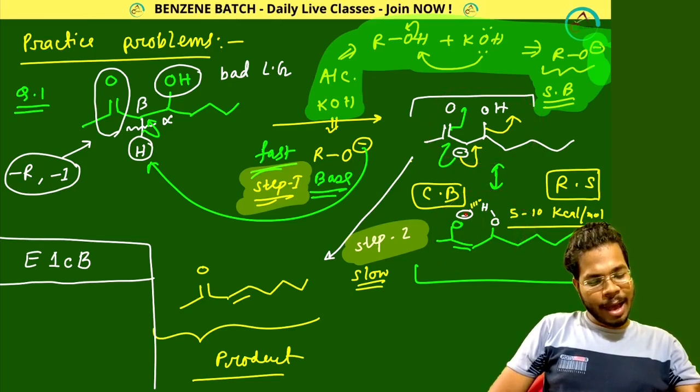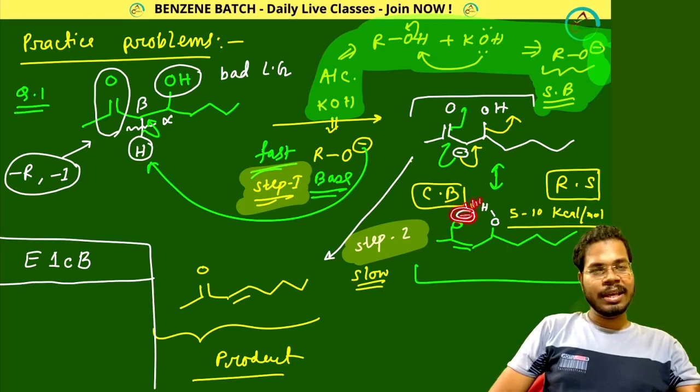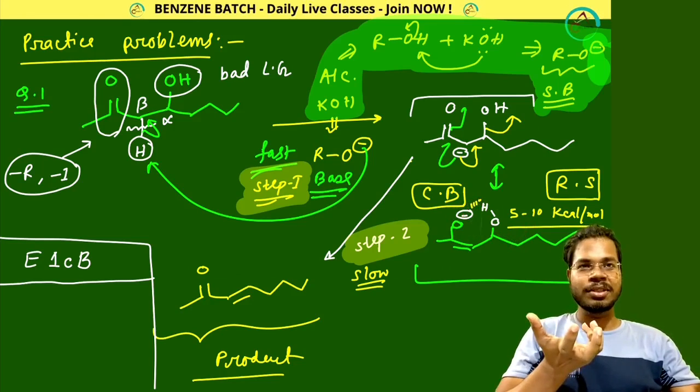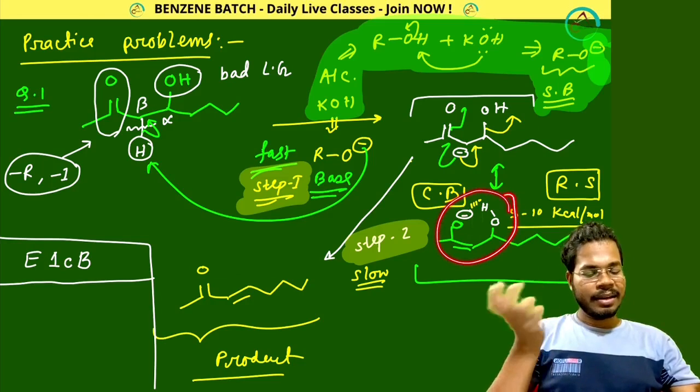But here you have one negative charge. Is this negative charge fully neutralized by this hydrogen bond formation? No. It will get neutralized through real bond formation. Because of that, yes, it is stable.